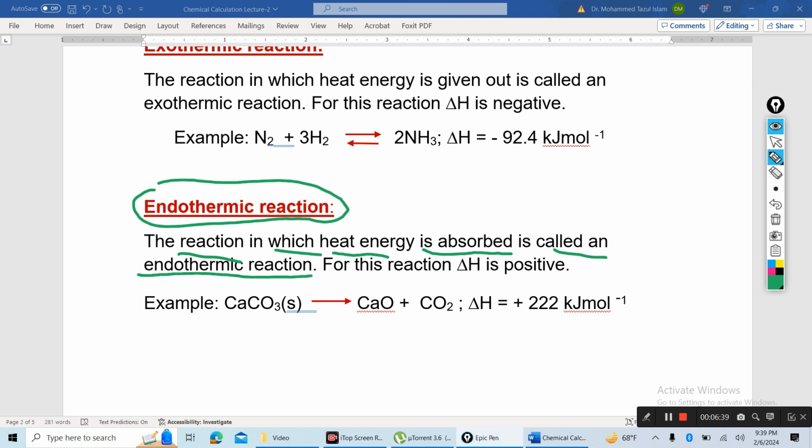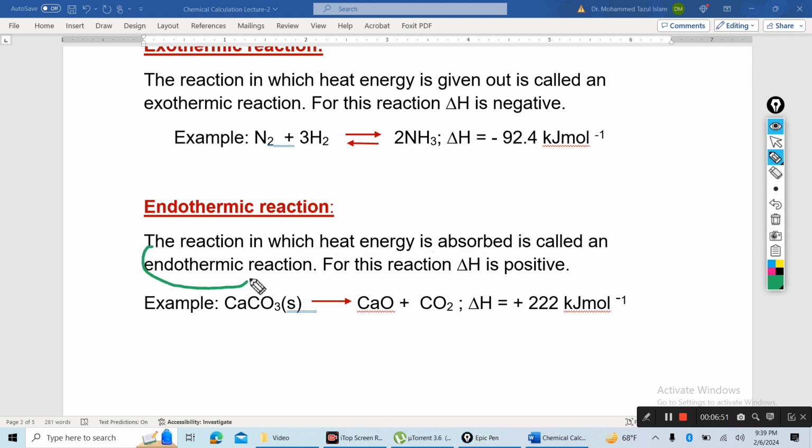The reaction in which heat energy is absorbed or taken in, that reaction is known as endothermic reaction. And for this reaction del H value is positive.